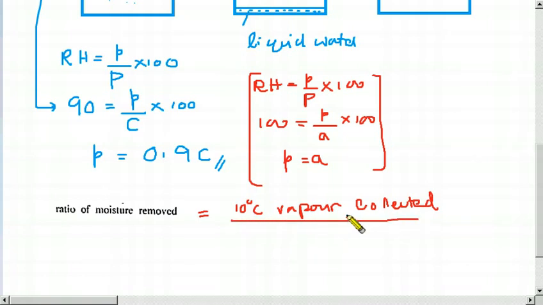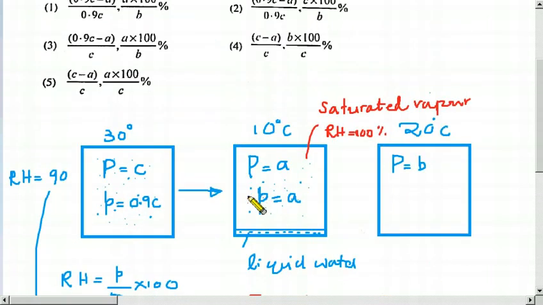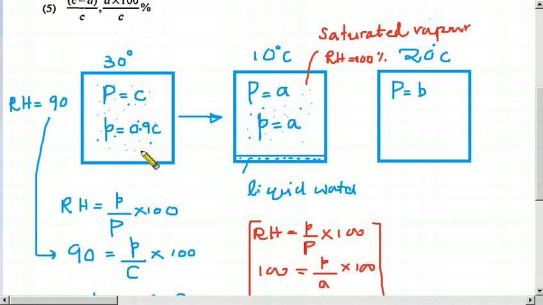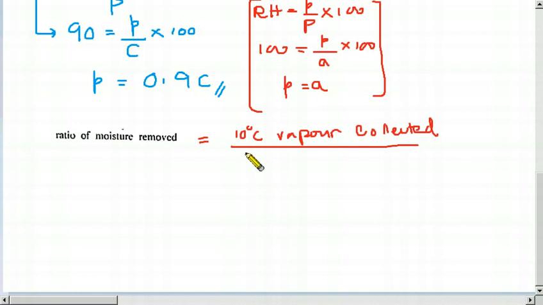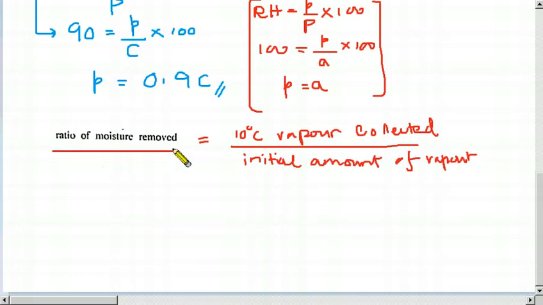So ratio means now we take the initial amount of vapor, the vapor removed divided by the initial amount of vapor. So this is what the ratio of moisture removed means. You have to get the ratio to the initial amount of vapor.